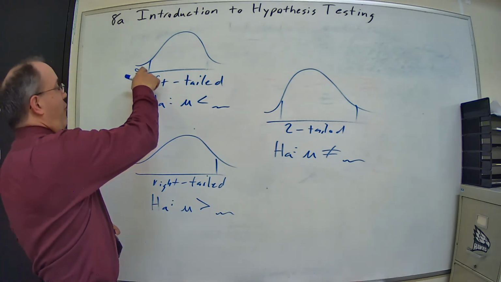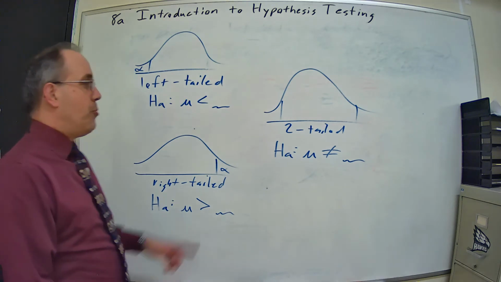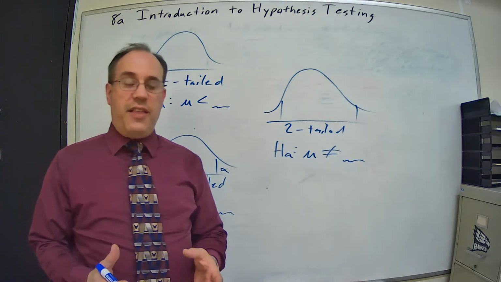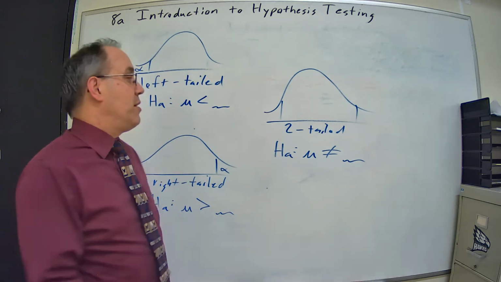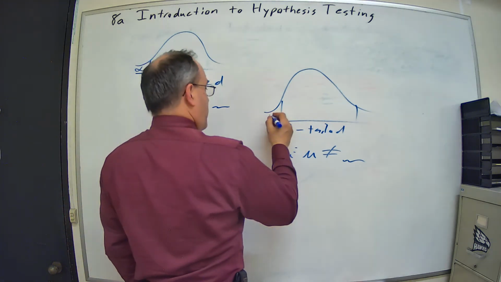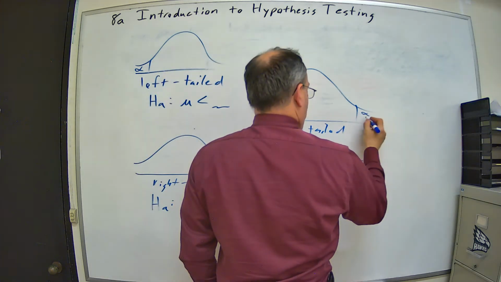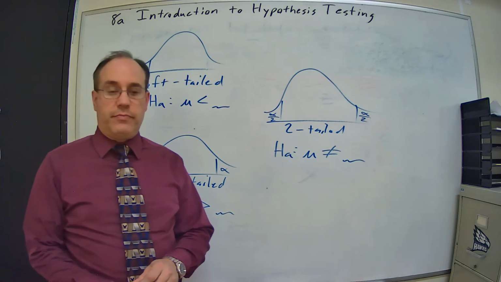Now, alpha is in that tail there, but in the two-tailed test, just like with confidence intervals, the area in the tails is split evenly between them. So for a two-tailed test, we have alpha over 2, basically half of alpha in each of those tails.